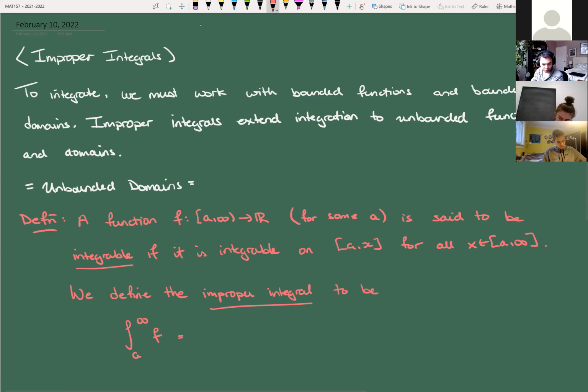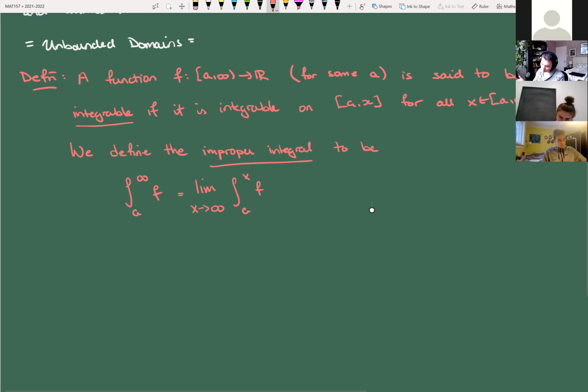So that's just notation right now. And that's going to be the limit as x goes to infinity of the integral from a to x of f, like this, if it exists. Or I guess we could say it's always equal to this. Some cases it just might not exist, but whatever. If this limit exists, we'll say that the improper integral converges and diverges otherwise.